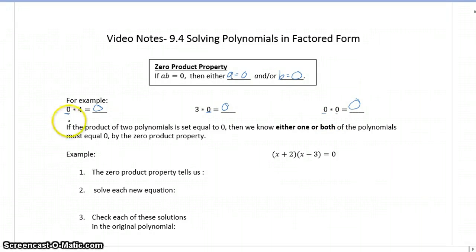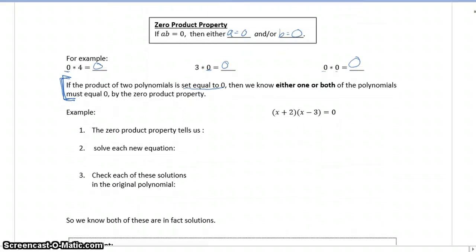So what this tells us is that if we have the product of two polynomials and it's set equal to 0, then we know either one or both of the polynomials must be equal to 0 by the zero product property. So, for example, let's look at the product of two polynomials.